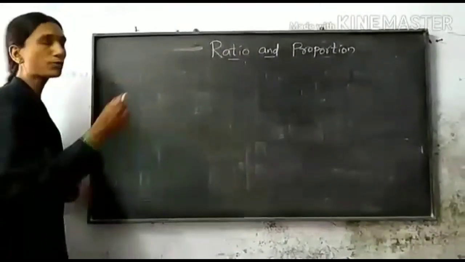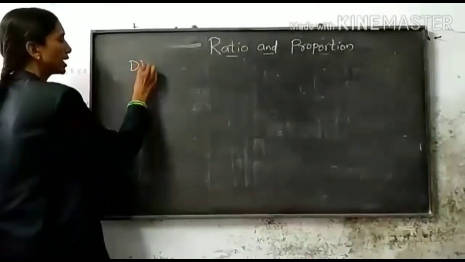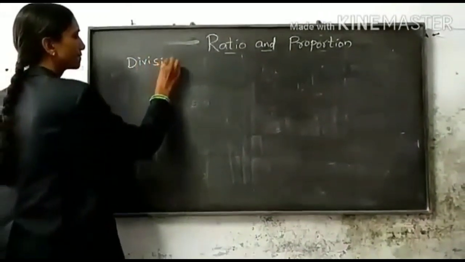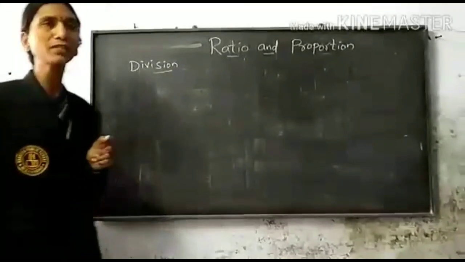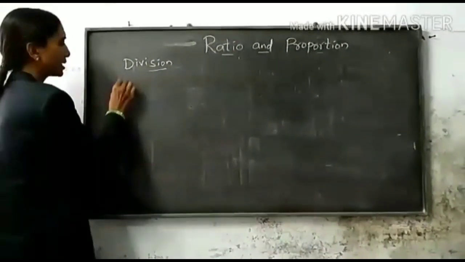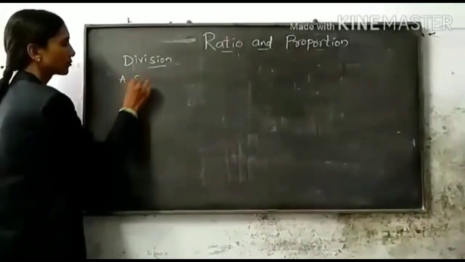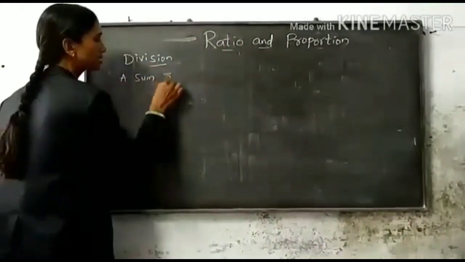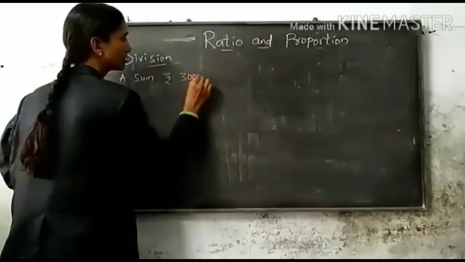Next, we have to find division. How to find division? Division of ratios for a given quantity. For example, a sum of rupees 3000.